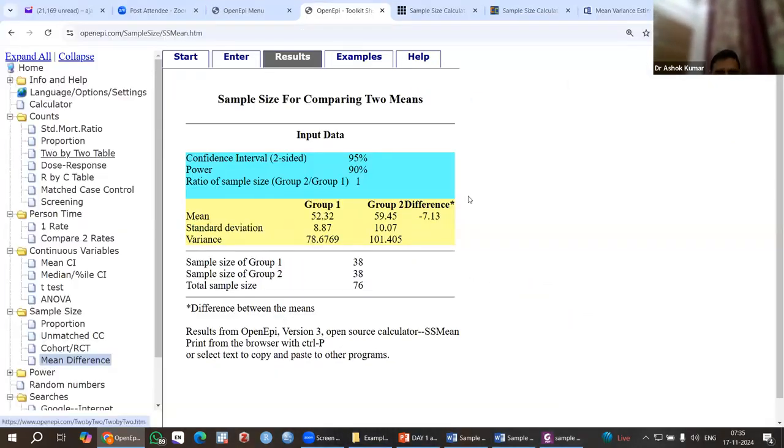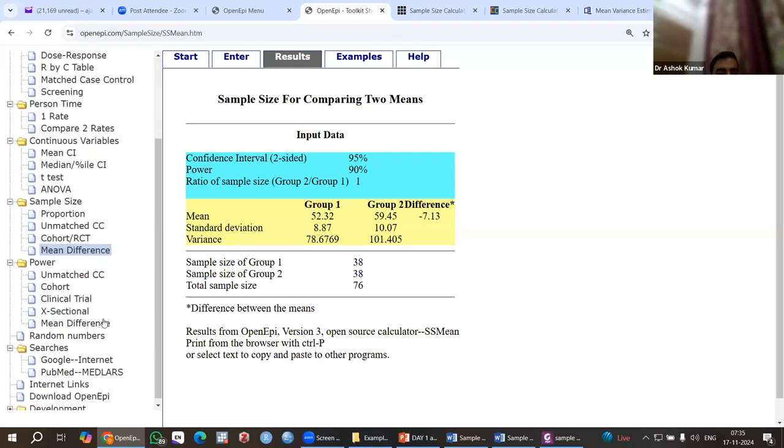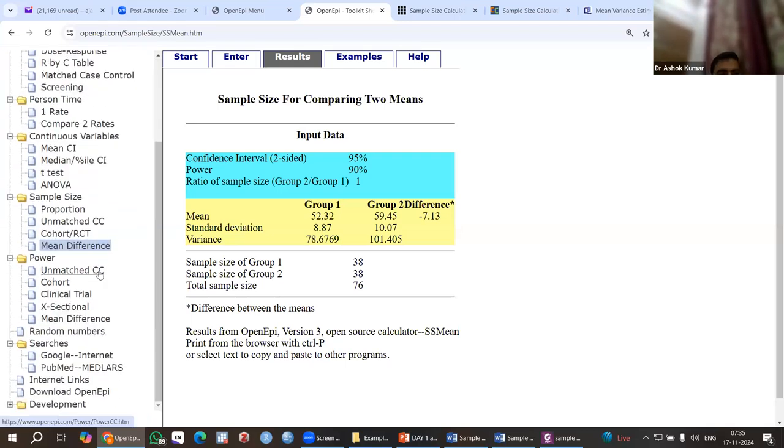So power calculation. This is OpenEpi. It is very good software. Please use this. This is for sample size calculation, and this is for power. So click here, power. Then there are options for unmatched case control, cohort, clinical trial, cross-sectional, and mean difference.